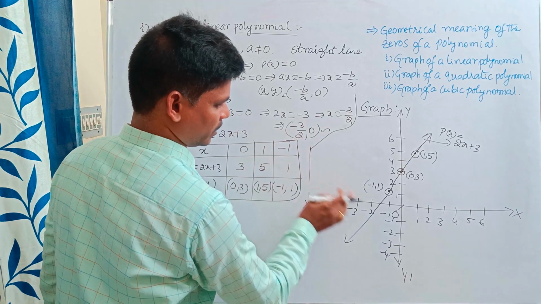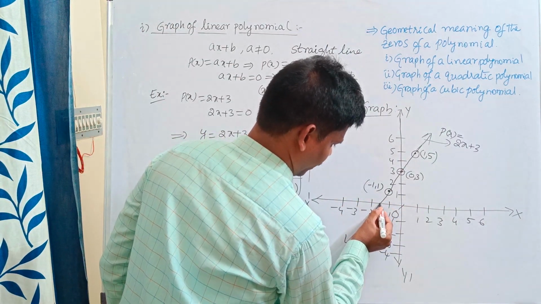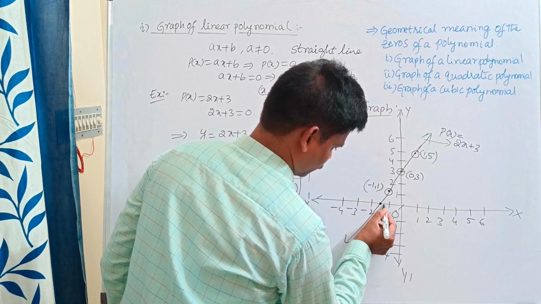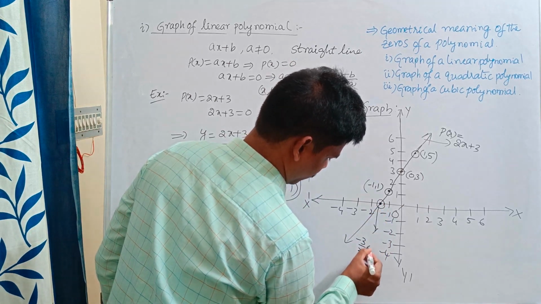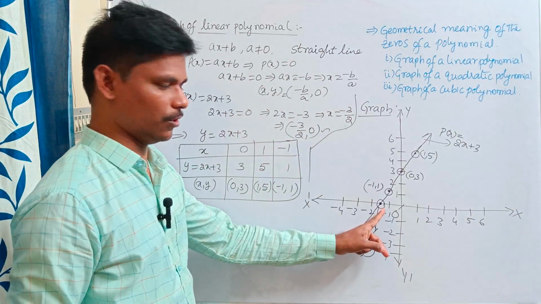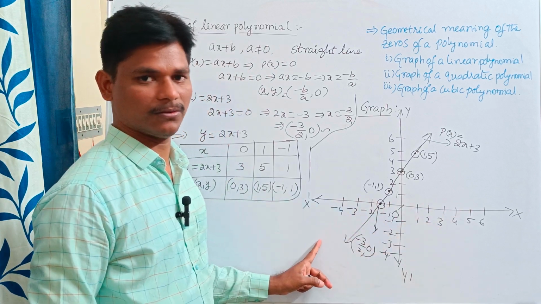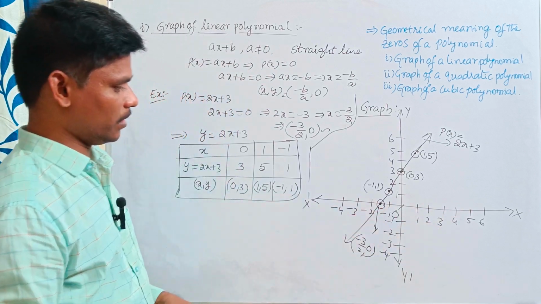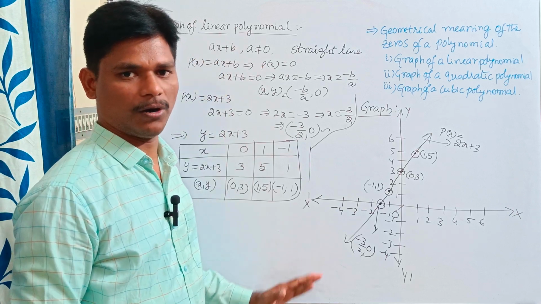This point intersects the x-axis between 1 and minus 1. So exactly only one zero touches the x-axis. Okay, so this is about the graph of a linear polynomial.